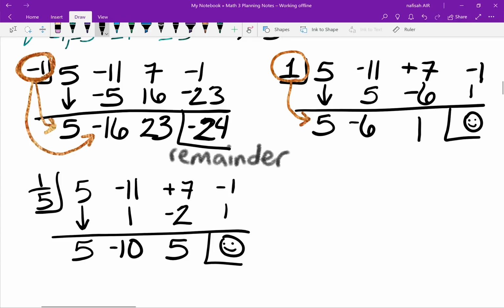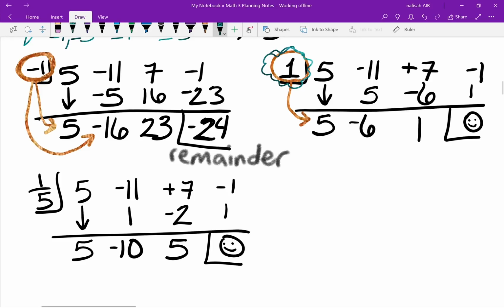I want to quickly show you that you didn't have to start at the very beginning with the polynomial you were given. You could have continued off from the one that you ended with when you found a root. So if you remember, when we first found that 1 was a root, this was our answer right here.